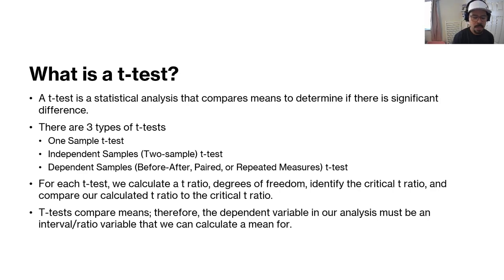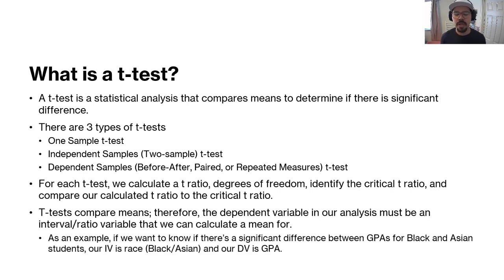All right. Coming back to this point about dependent variables, I actually gave it away a little bit as I was describing what we can and can't calculate averages or means for. As an example of a research scenario, if we want to know if there's a significant difference between the GPAs for Black students versus Asian students, our independent variable, our IV, is going to be race.